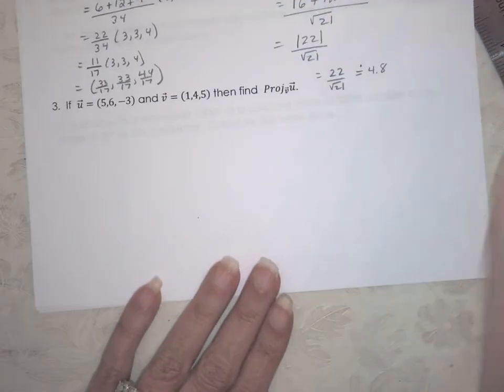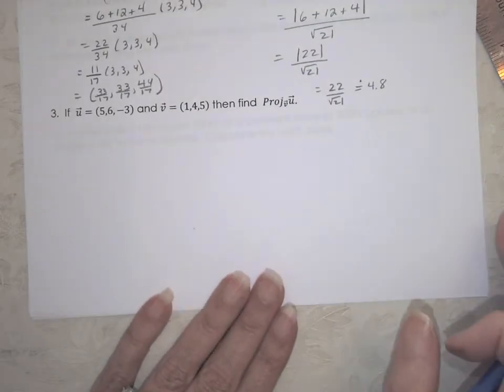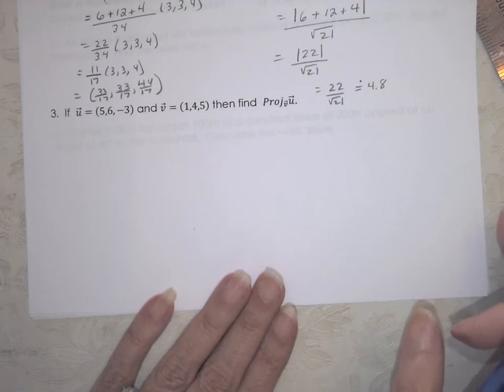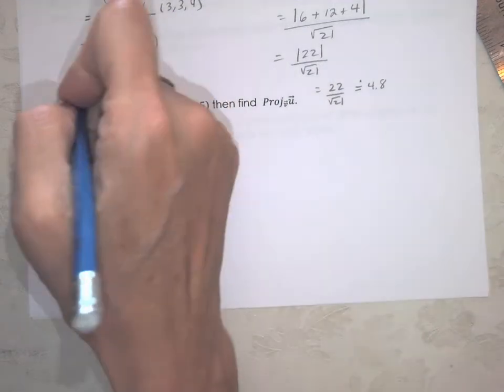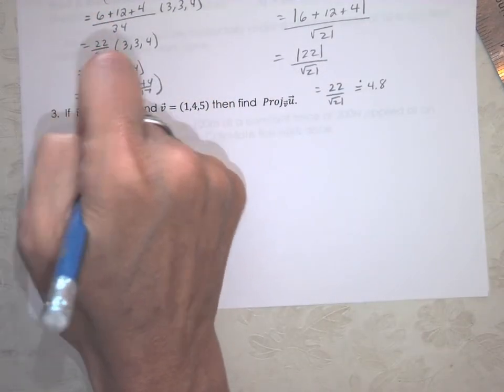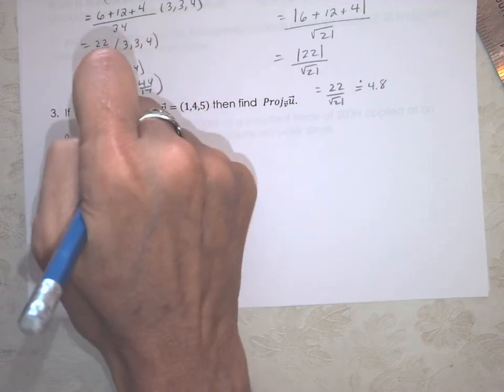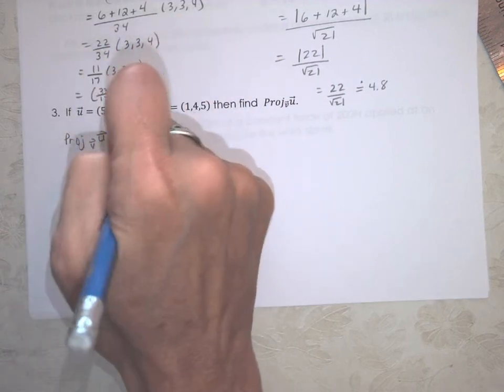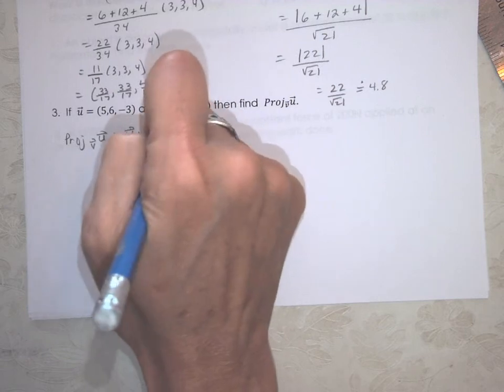Okay, if vector u is the vector 5, 6, negative 3, and vector v is the vector 1, 4, 5, then find the projection of u on v. So the projection of vector u on vector v is going to be u dot v over the magnitude of vector v squared times vector v.